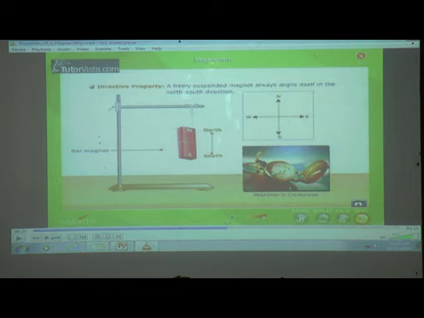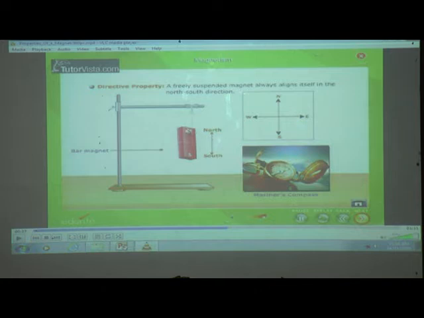So here you can see a stand is kept here, and to this stand a bar magnet we tied here. Okay, and we made this bar magnet to be freely suspended. After this bar magnet comes to rest, what we will see is this bar magnet showing a north and south direction.